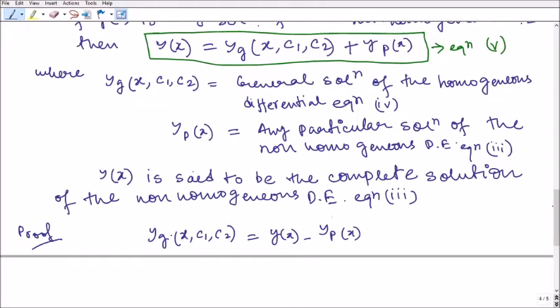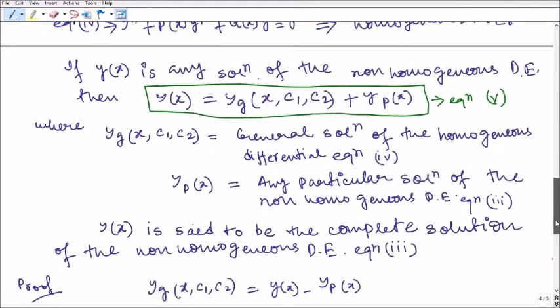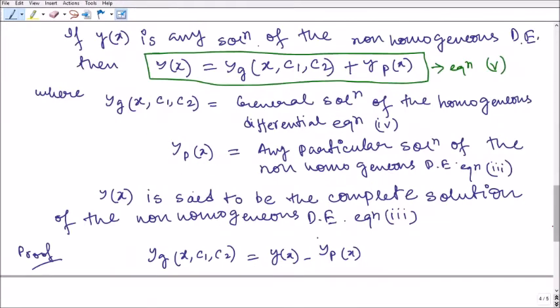So if we prove that y minus yp is the general solution of the homogeneous differential equation, then we can write yg is equal to y of x minus yp of x.